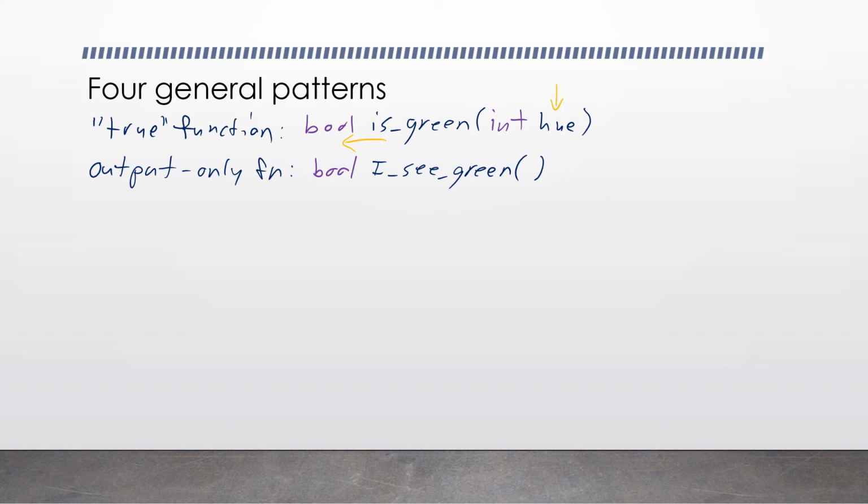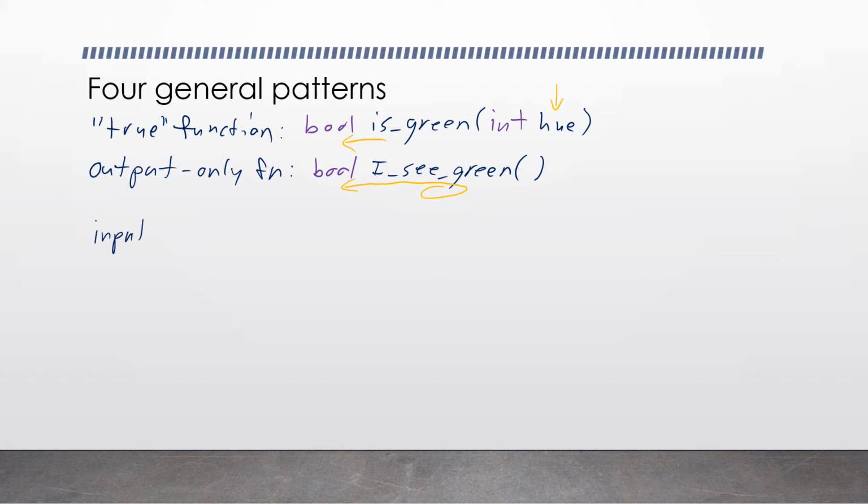Maybe it's trying to find some grass to sit on or something. It would take readings from the input from the robot's sensors, so you don't need to send it any parameters. It would pull the data it needs from inside the robot. It then might call the isGreen function to determine if the sensor data is showing a green value. So it's going to do some internal work with the sensors, and then it's going to return a Boolean that says, yes, I see green, or no, I don't see green, true or false.